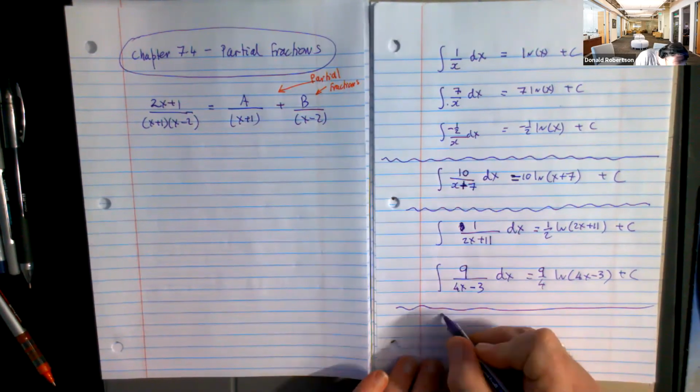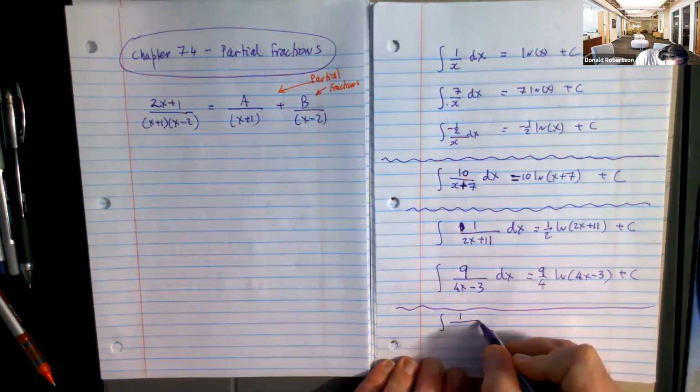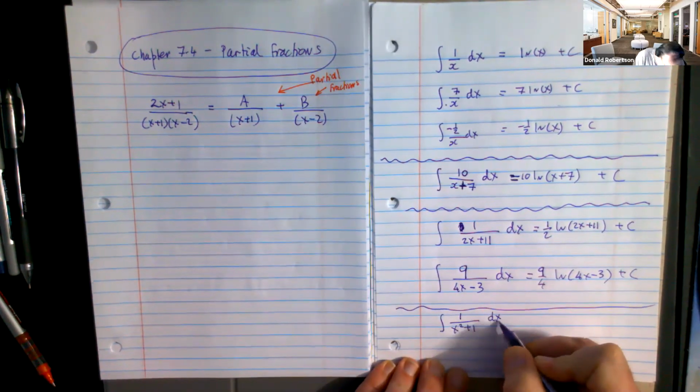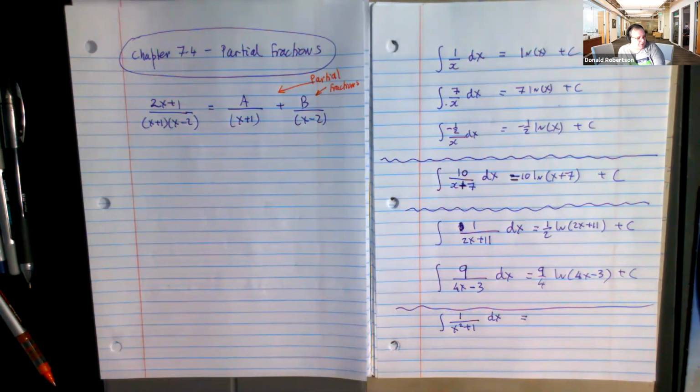Now, there are a couple more, but not too many. There's this guy. We know the integral of 1 over x squared plus 1, also written as 1 plus x squared sometimes. What's his integral?